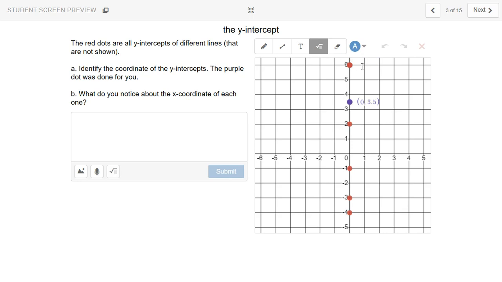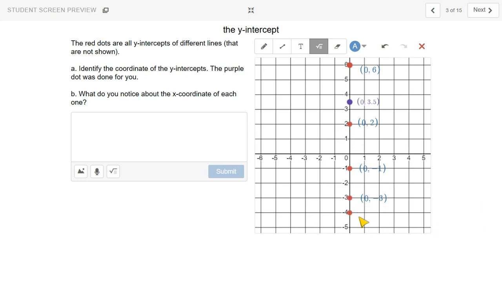Identify the coordinates of the y-intercepts and observe what you notice about the x-coordinate of each of them. So our first one, we have 0 and 6. We have 0 and 3.5 here. This one is going to be 0 and 2. Then 0 and -1. This point is 0 and -3.